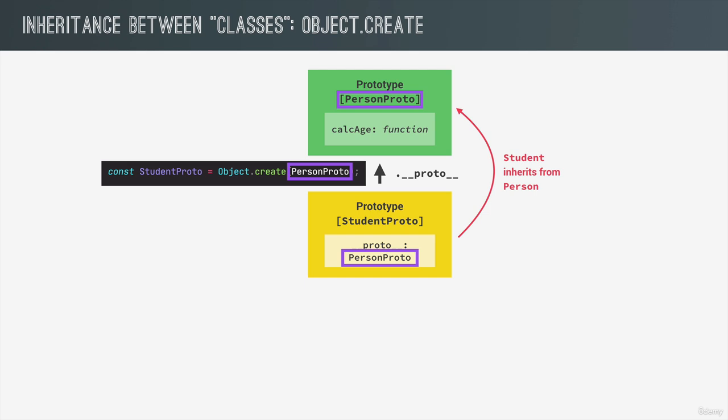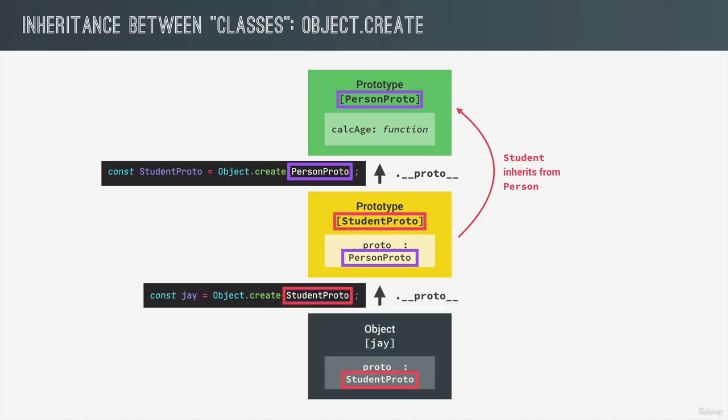Now to finish, all we need to do is to use Object.create again, but this time to create a new actual student object. And of course, we make the student, so J in this course, inherit from StudentProto, which is now J's prototype. And like this, we created a nice and simple prototype chain. So J inherits from StudentProto, which in turn inherits from PersonProto. And therefore, the J object will be able to use all the methods that are contained in StudentProto and PersonProto.